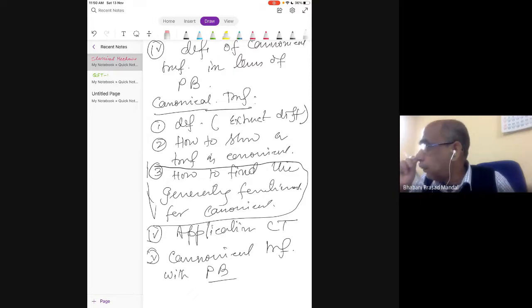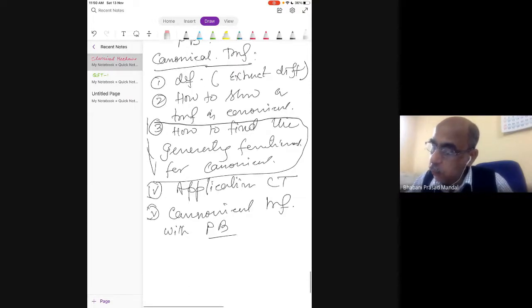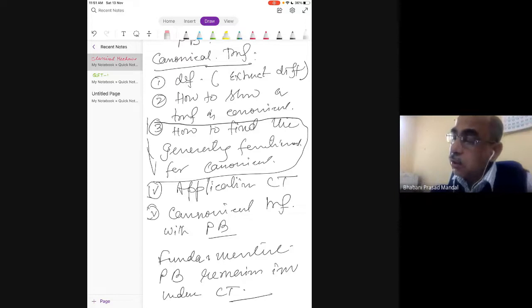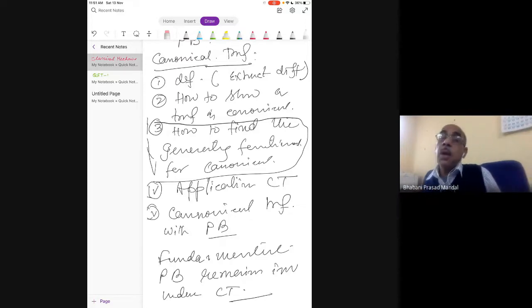Particularly you should be able to prove that the fundamental Poisson brackets remain invariant under canonical transformation. If you learn these things, then your canonical transformation is over.